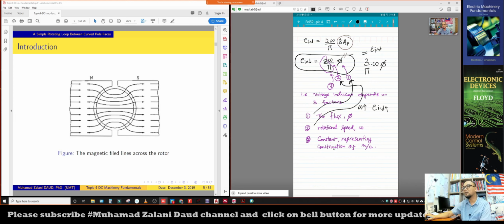We are considering a constant which represents the construction of the machine in terms of material, in terms of the size, in terms of the air gap, and so forth. So these 3 factors influence the induced voltage across the terminal of the wire loop when we are talking about a simple rotating loop between the curved pole faces.